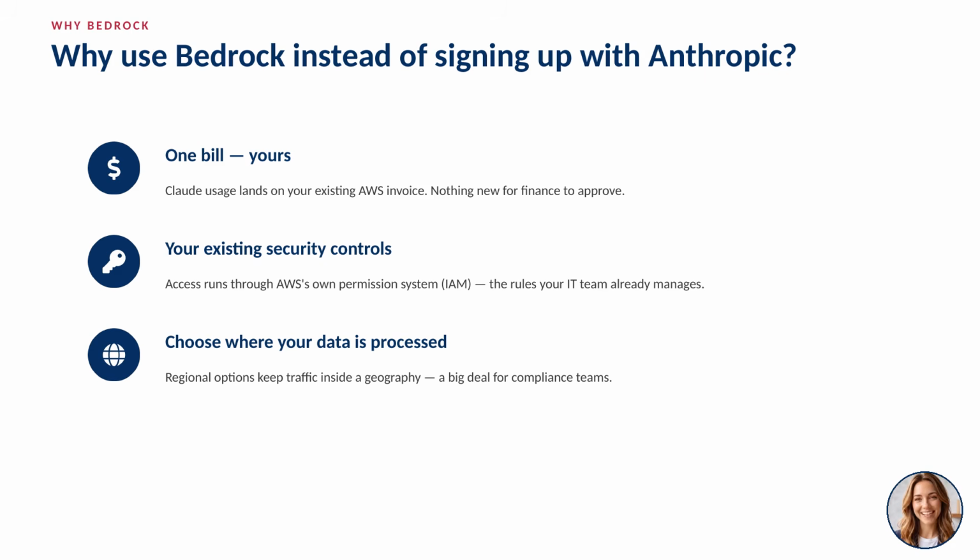Access is controlled through IAM, AWS's permission system, meaning the exact same roles and rules your IT team already manages for everything else. Your developers don't handle a new API key that could leak. Permissions follow them automatically. 3. Data location. Bedrock offers regional processing options that keep your traffic inside a chosen geography. And if you work in finance, healthcare, or government, your compliance team just sat up straight.